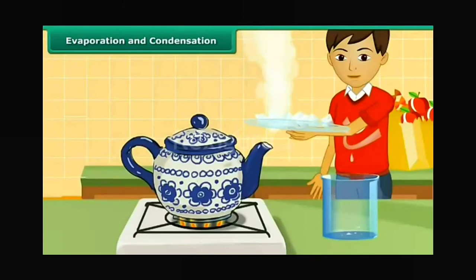Now for the process of condensation, when I take a plate of ice and keep it on the mouth of the kettle, when vapor from the kettle comes in contact with the plate, it gets condensed and converted into water, and that water can be collected into the beaker. So with the help of condensation, we can collect the water or liquid from the vapor.